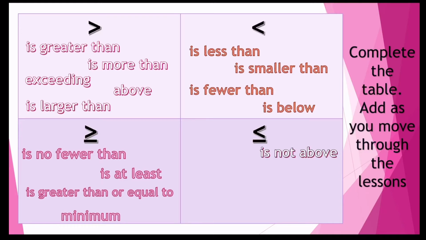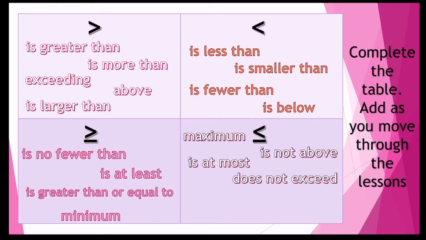When we have less than or equal to: is not above, maximum, is at most, does not exceed, and of course is less than or equal to. So it's important that you have at least these written down, because having these, you can refer back to this table as you're working on word problems.